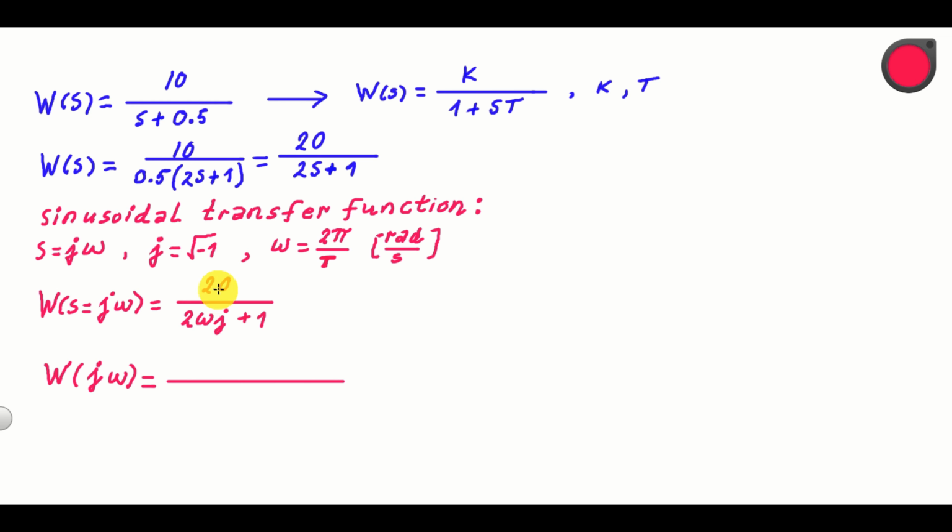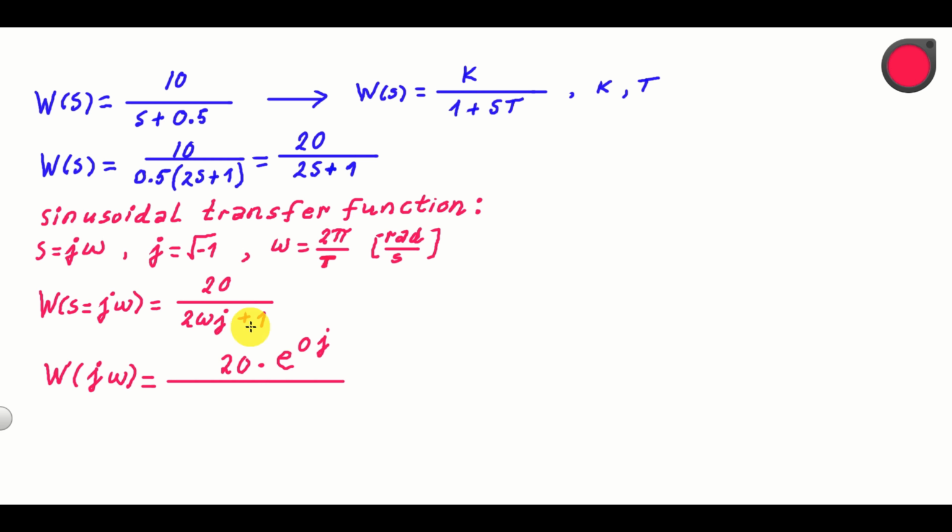Since the number in the numerator is a constant, its polar form is simply 20 multiplying e to the power 0j. That is, the modulus of this constant is simply 20 and the angle is 0.